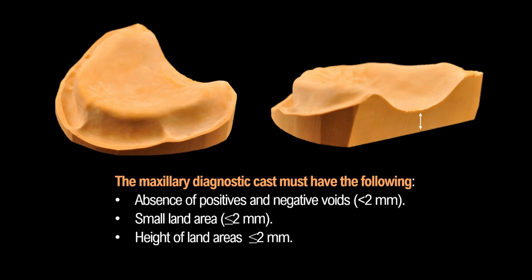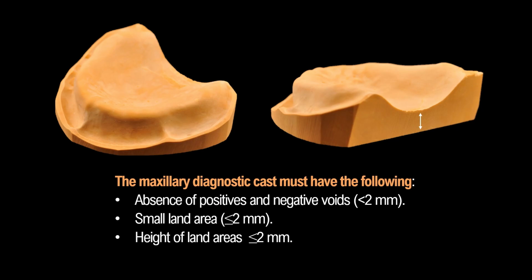Some of you may end up over trimming where the frenum location is. It's okay if you over trim, especially in the land area, as long as the frenum is still intact and you can see it, so that you can fabricate the custom tray properly.